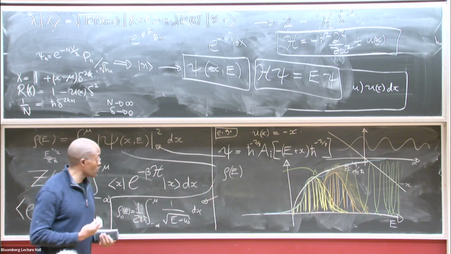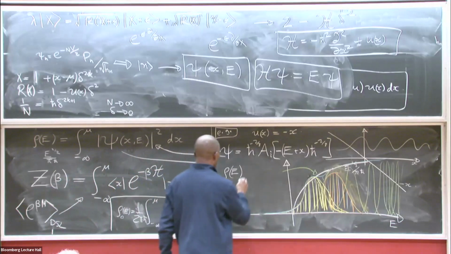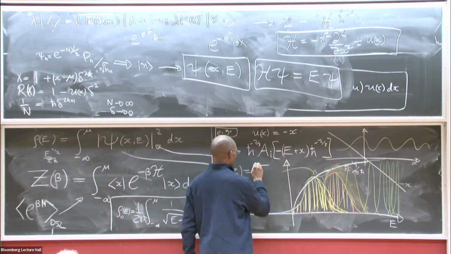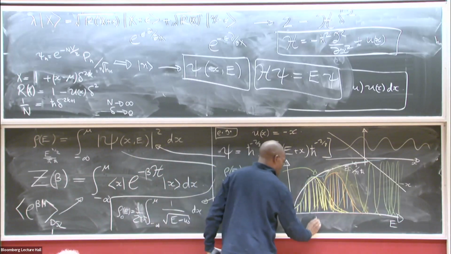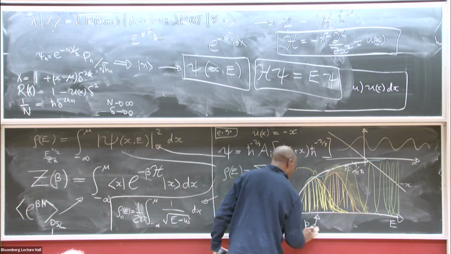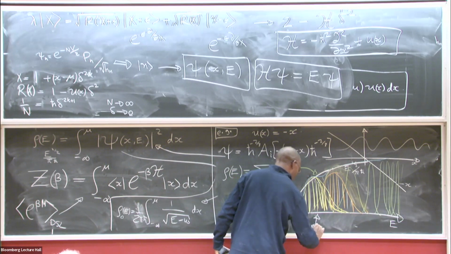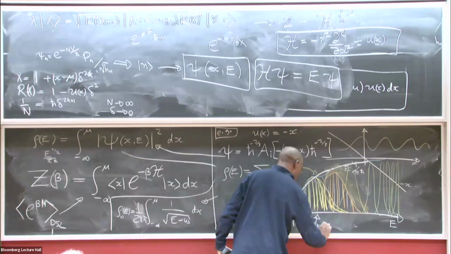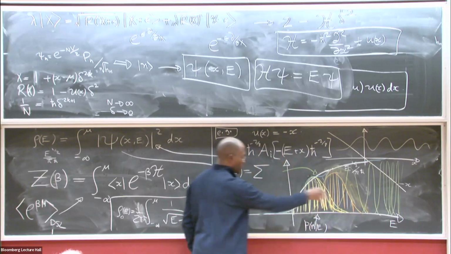And I'm going to tell you what I think this discrete structure actually means. So I'm going to give these peaks a name. I'm going to call them the probability of the nth level function of E. And it's a probability peak.